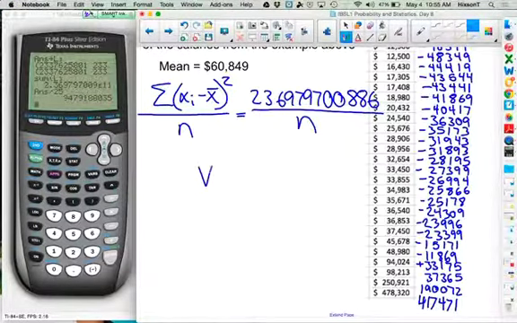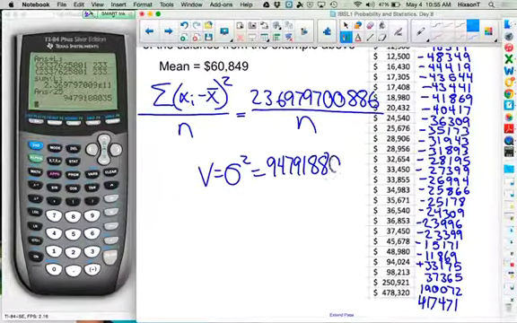So here our variance, or sigma squared, is 94791888035. So we divide by 25.